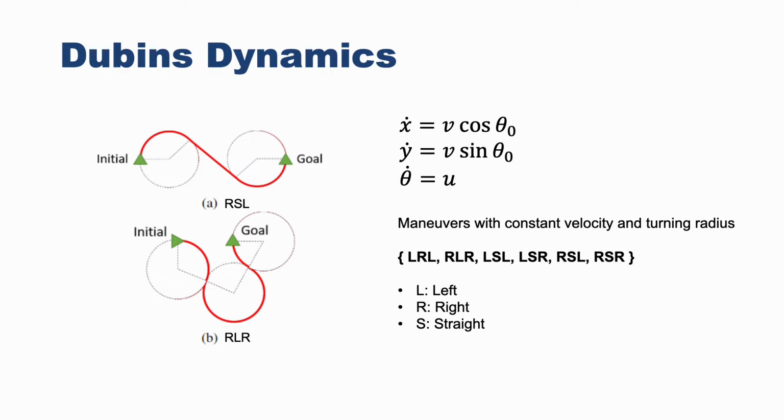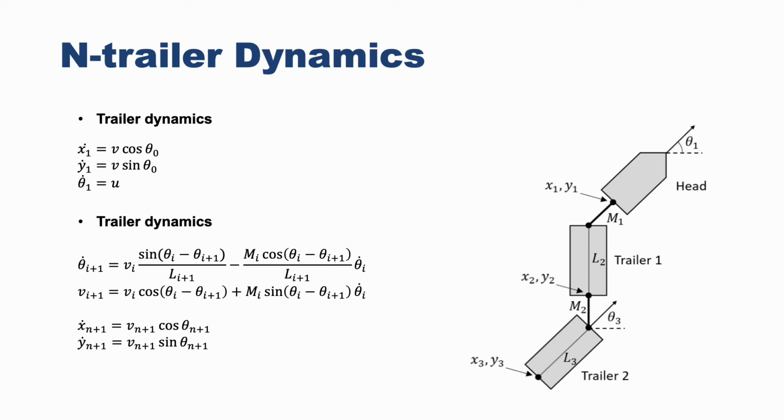In Dubins dynamics, we define 6 maneuvers called LRL, RLL, and so on, where L is the left turn, R is the right turn, and S is a straight movement of the vehicle. In Dubins dynamics, we consider that the input control to the vehicle is constant, and the vehicle turns with a constant turning radius. And next is the end-trailer dynamics.